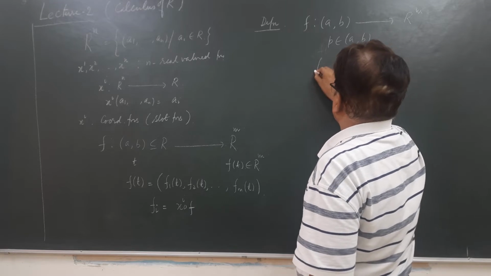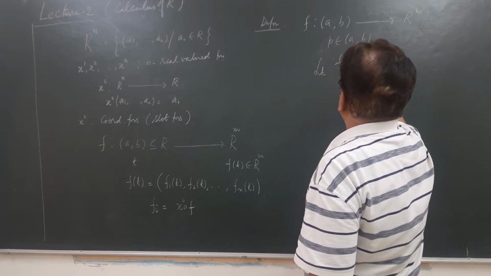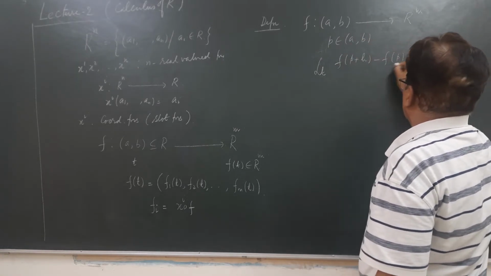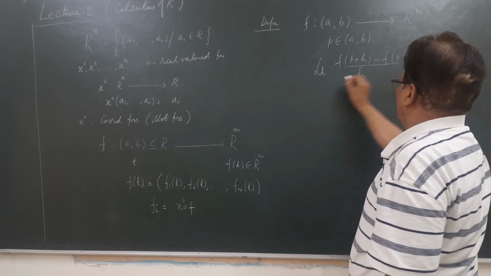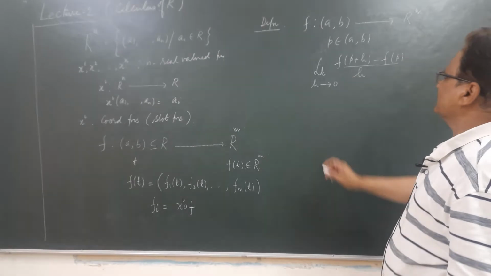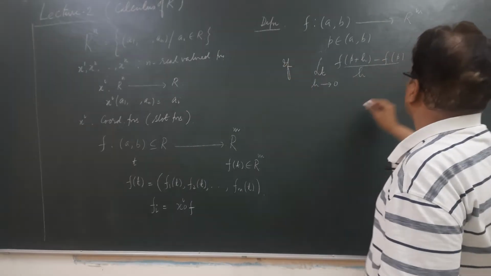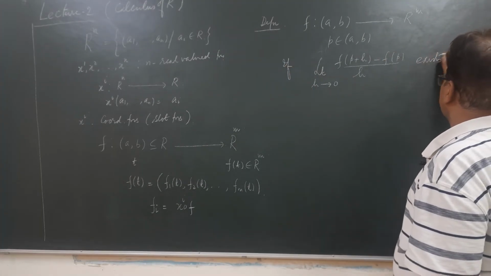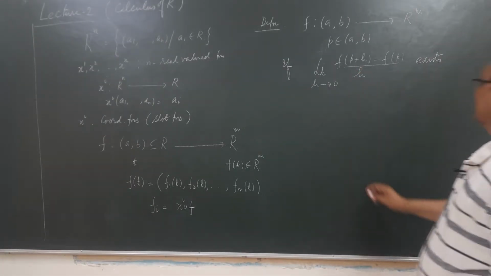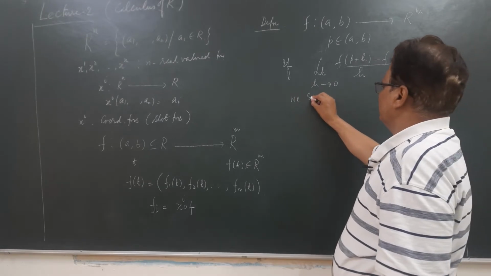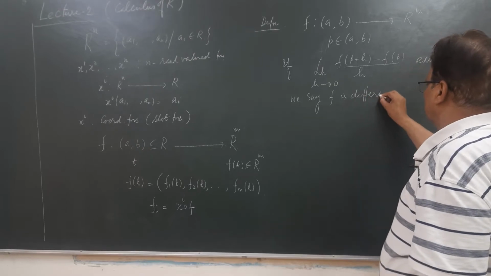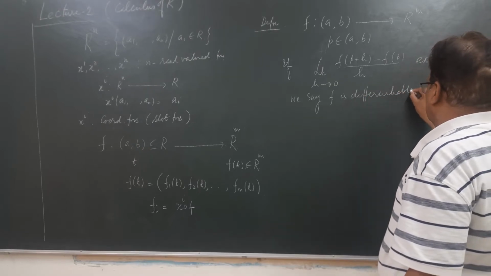Then if this limit exists, f(p+h) minus f(p) upon h, when h tends to 0, we say that f is differentiable at the point p.